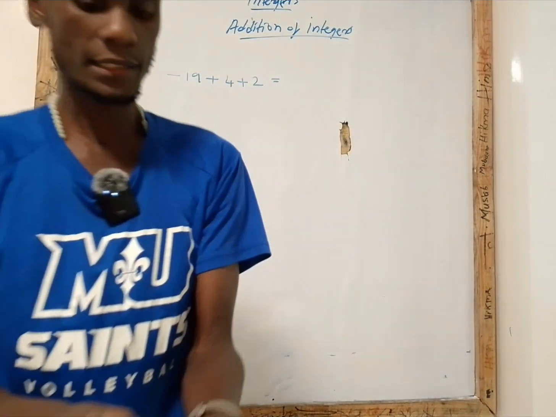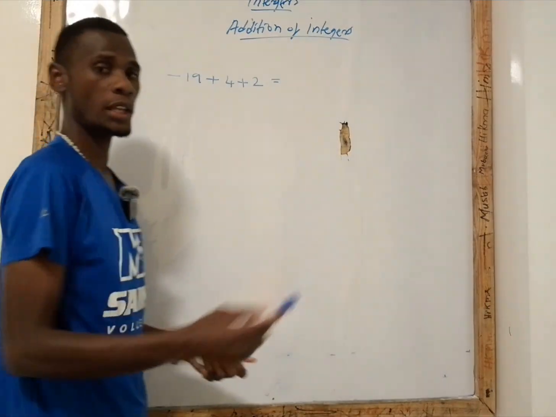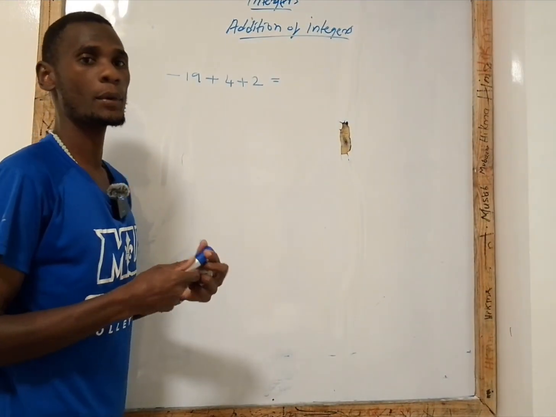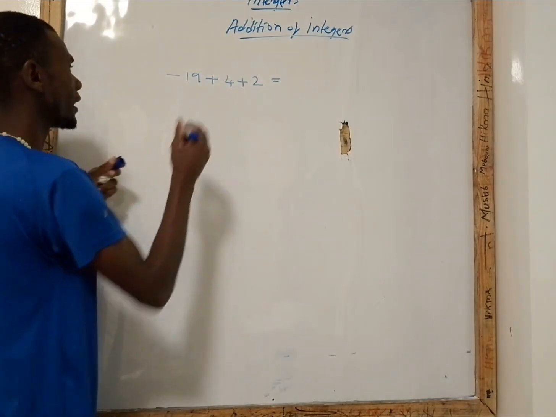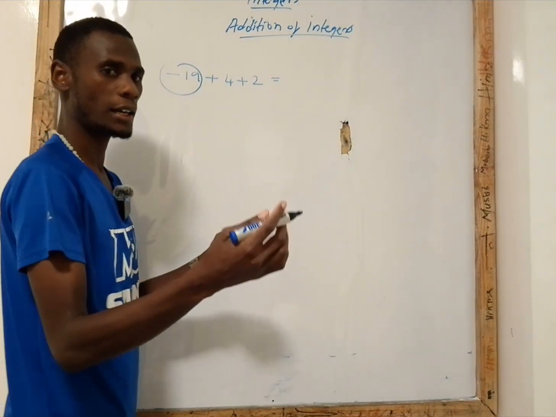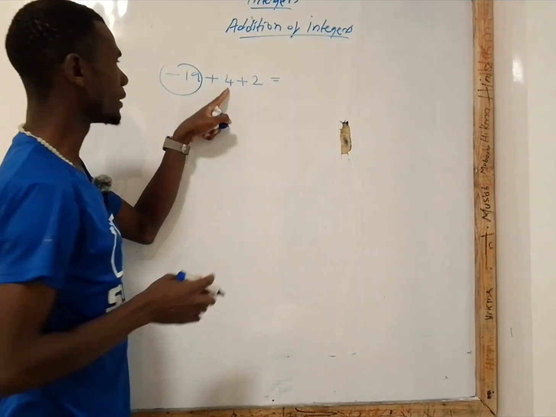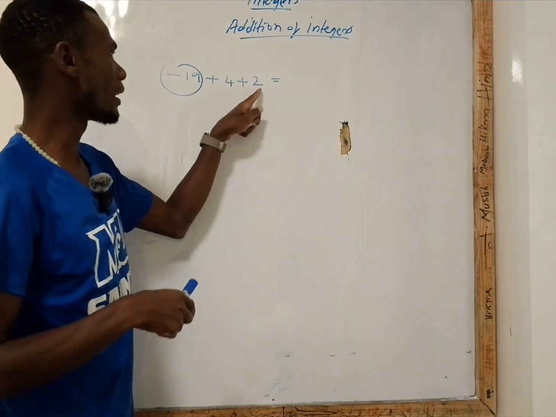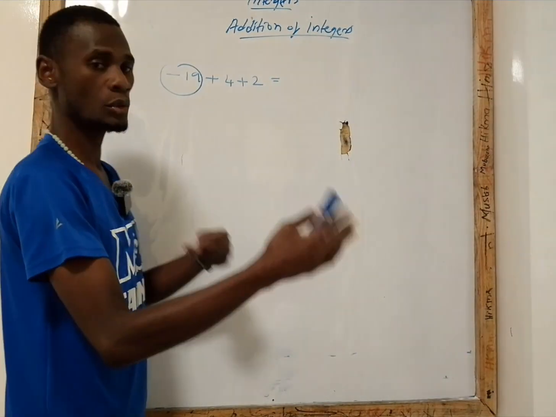Let us interpret it first, even before we move to the number line. Negative 19 means you owe somebody 19 shillings. Then you do some work and you are paid 4 shillings. You do another one, you are paid another 2 shillings. Why am I saying you are paid?